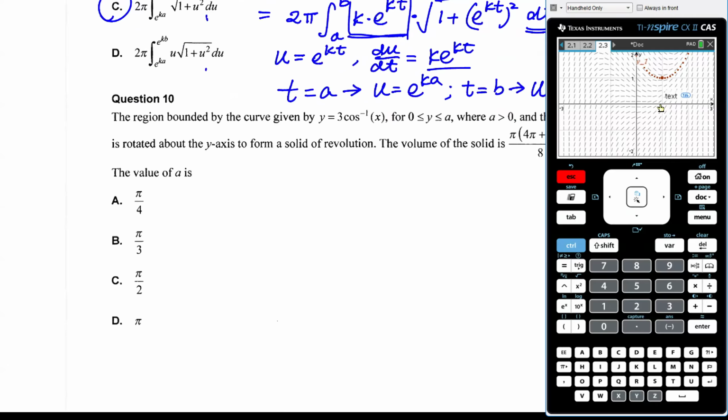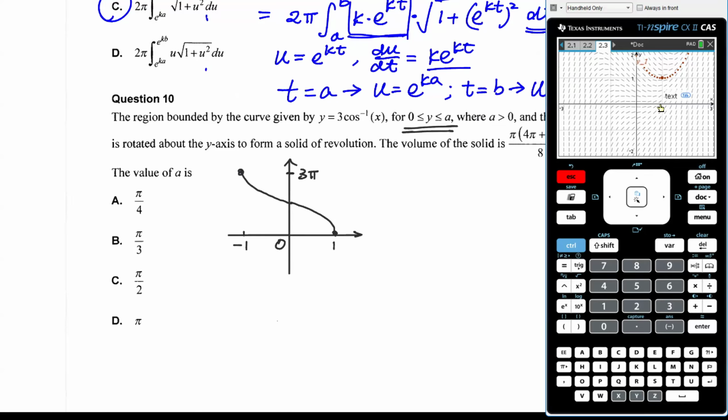Question 10, we're talking about this curve 3 cos inverse x. So if you still recall from your Unit 1, 2 learning, the graph of cos inverse looks like that. Because it has a dilation factor 3, the maximum y value will be 3 pi, the lowest value will be 0.